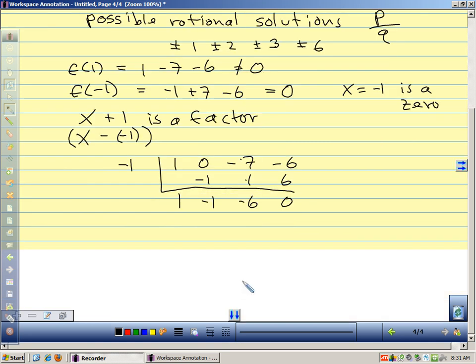So f of x is x plus 1 times x squared minus x minus 6. That's what I'm left with after I do synthetic division. And we can factor x squared minus x minus 6.